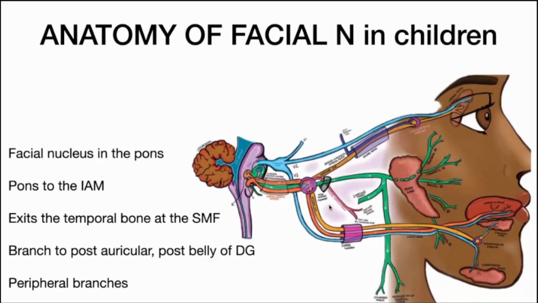Once it exits, it forms the facial nerve trunk, which gives off the peripheral branches: the temporal, zygomatic, buccal, and the mandibular branches. The chorda tympani nerve joins the lingual nerve and it supplies the submandibular and the sublingual glands. So this is an overview of the anatomy of the facial nerve.